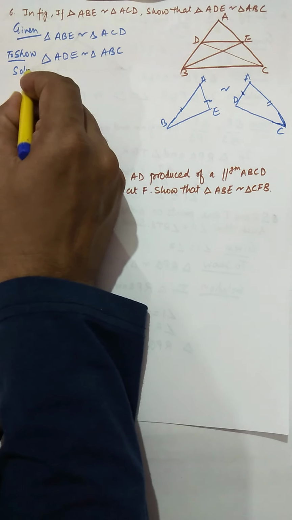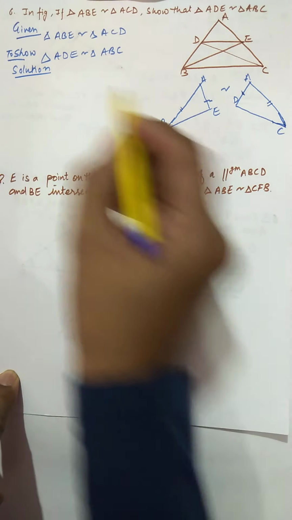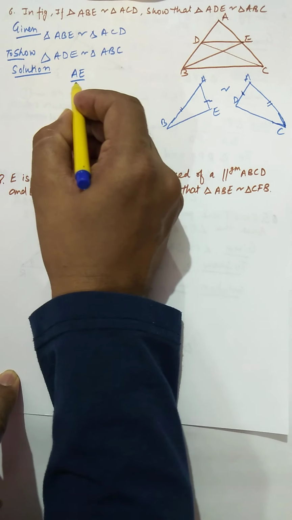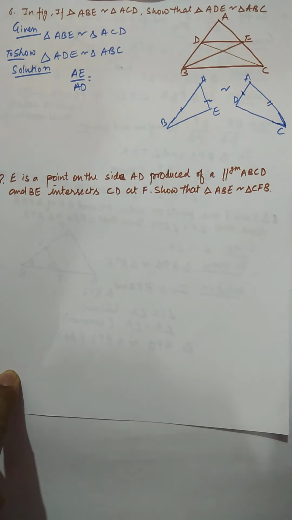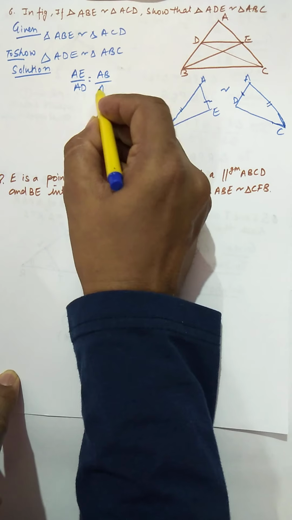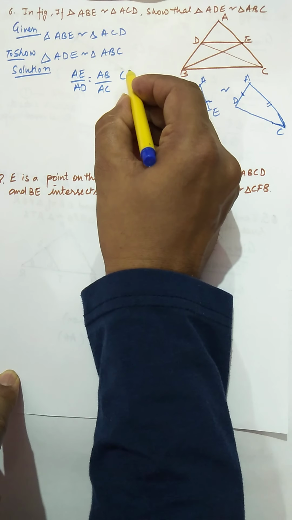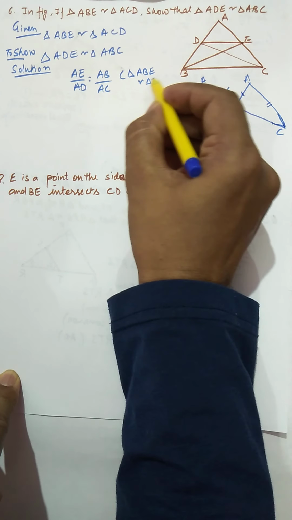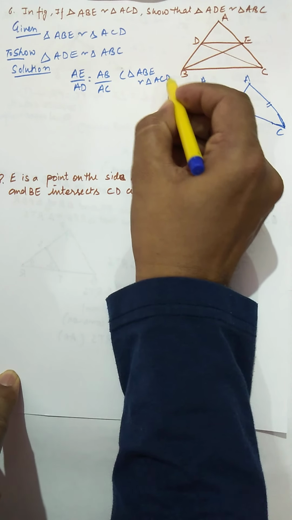So we write the solution. Now you can write this that AE upon AD is equal to AB upon AC, and this is because given ABE similar triangle ACD.